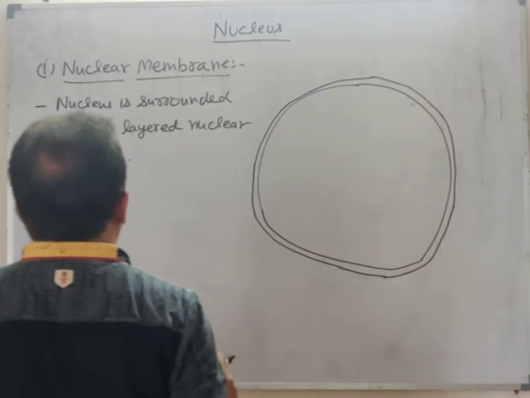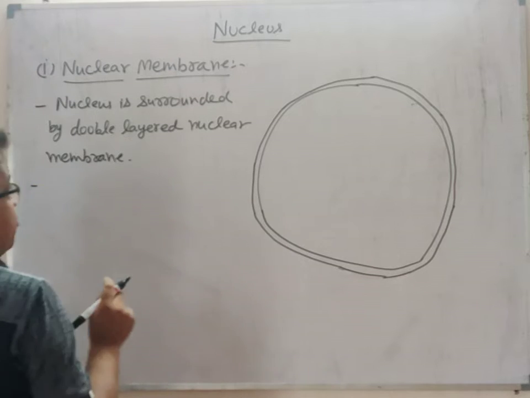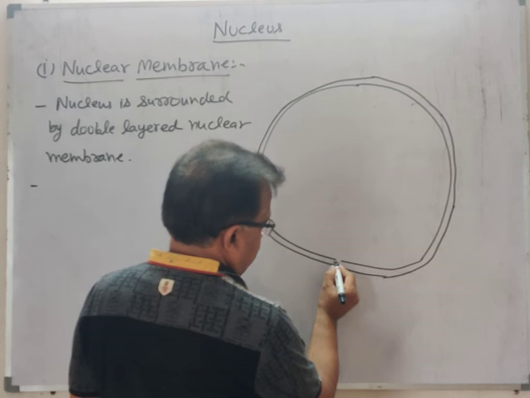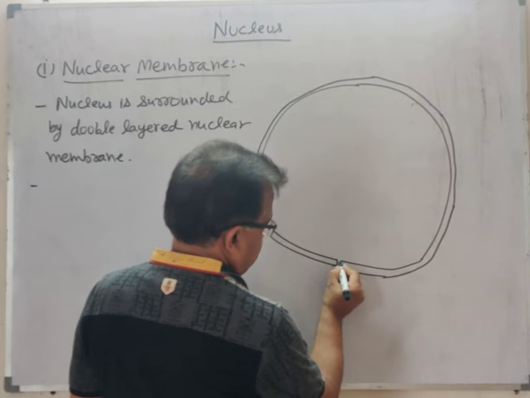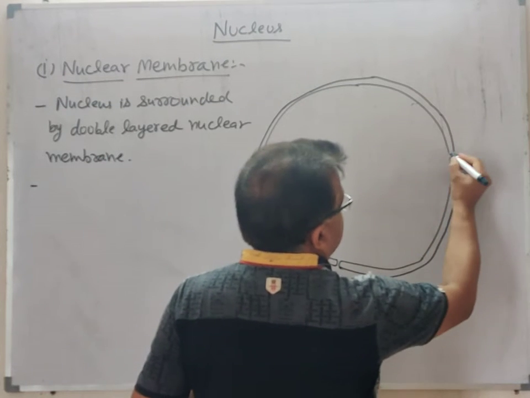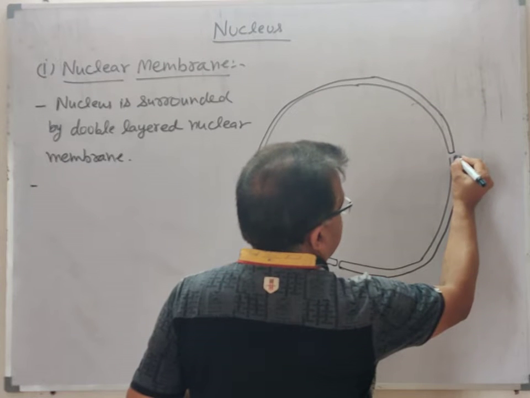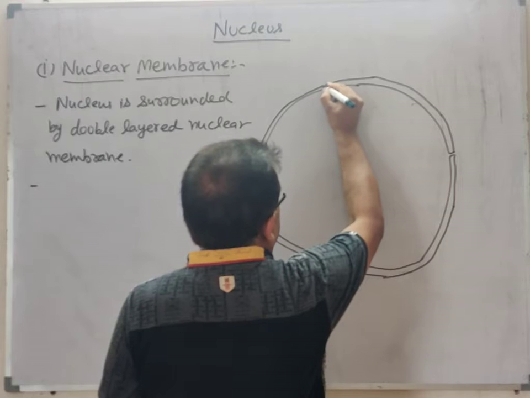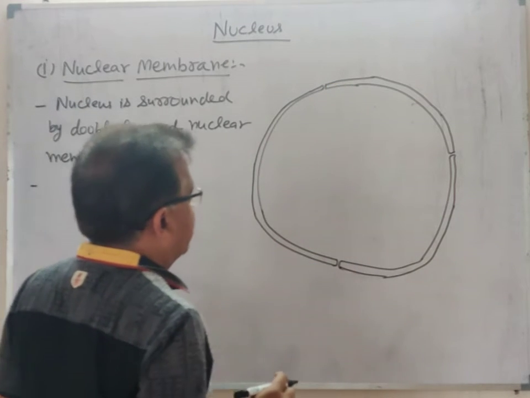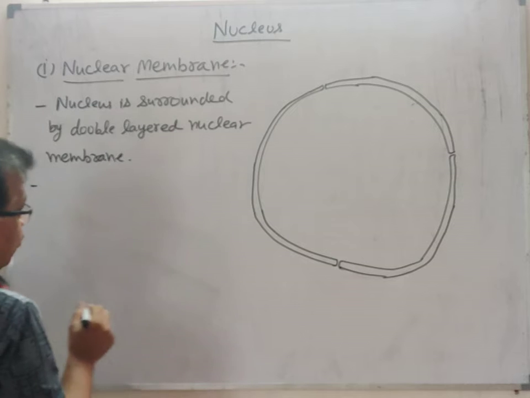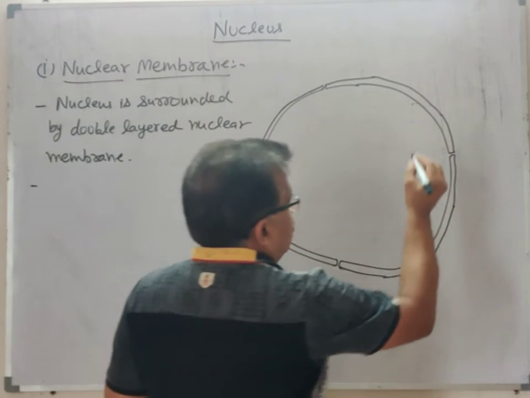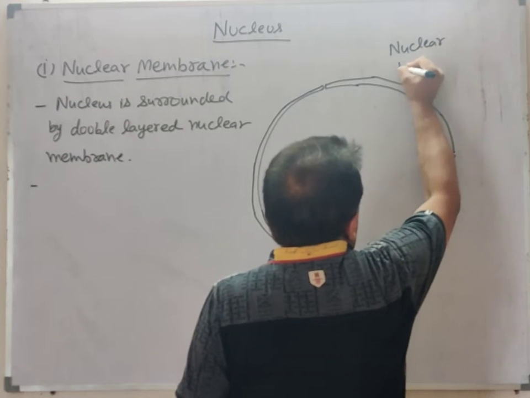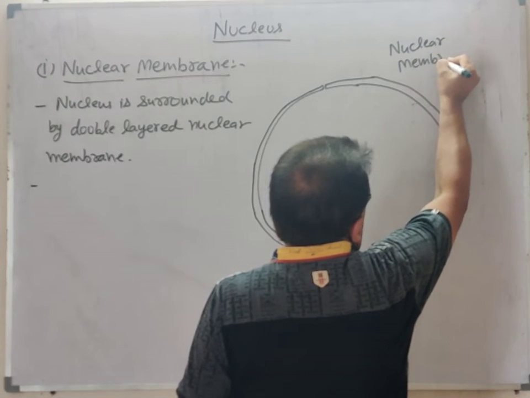Now there are pores in nuclear membrane, like this is a pore. So nuclear membrane has pores known as nuclear pores. So it is nuclear membrane which is double layered.